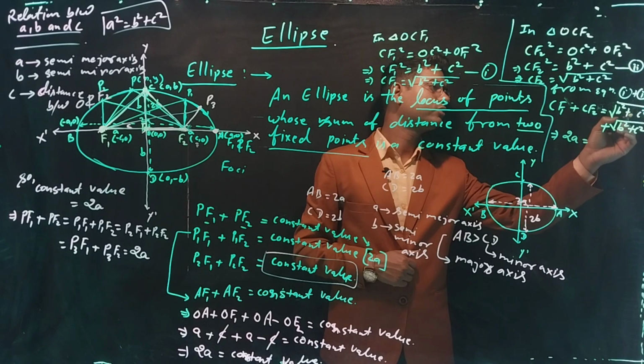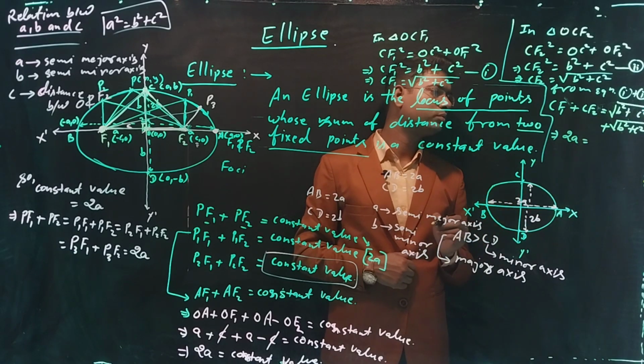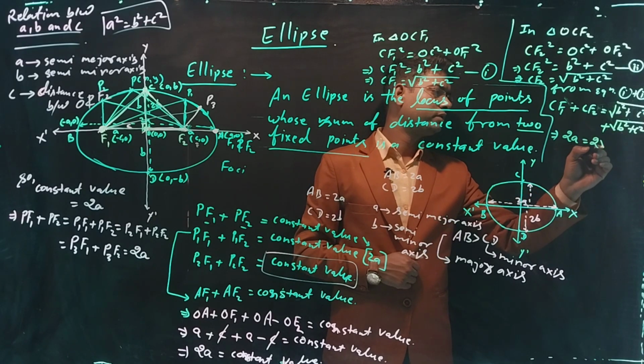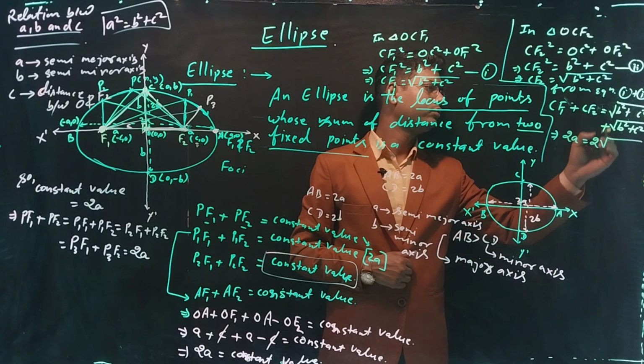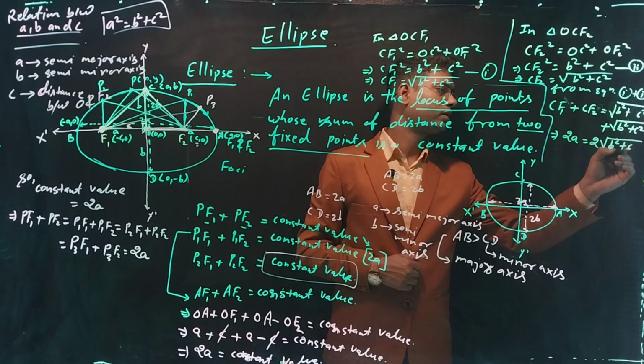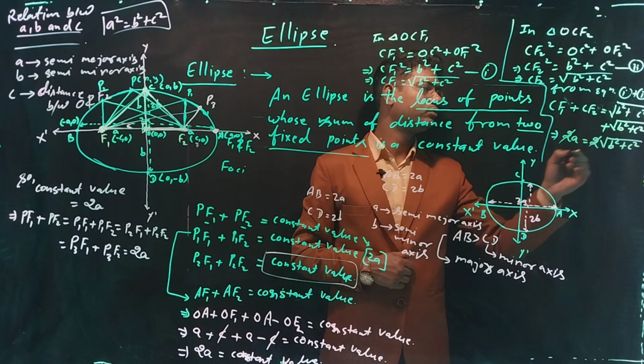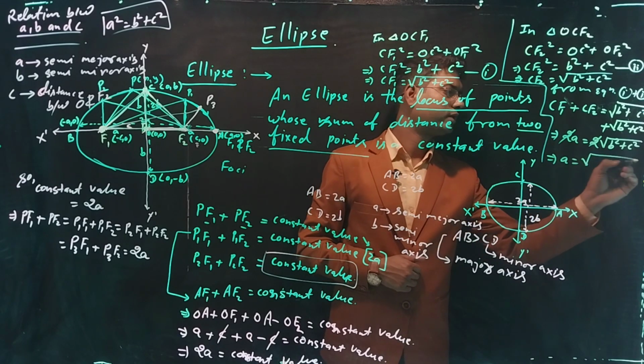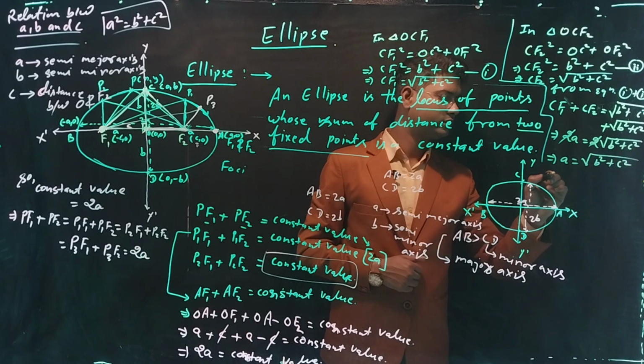And this is also under root B square plus C square. Then what will be the result? The result will be 2 into under root B square plus C square. 2 and 2 will be cancelled out. Then A is equal to under root what, students? B square plus C square.